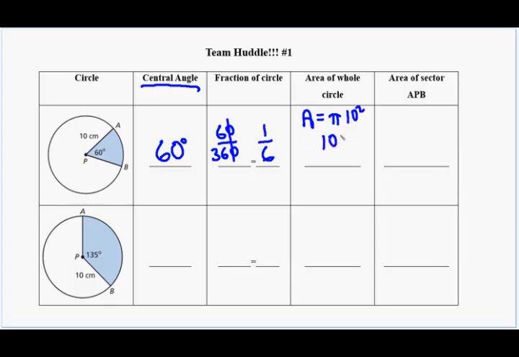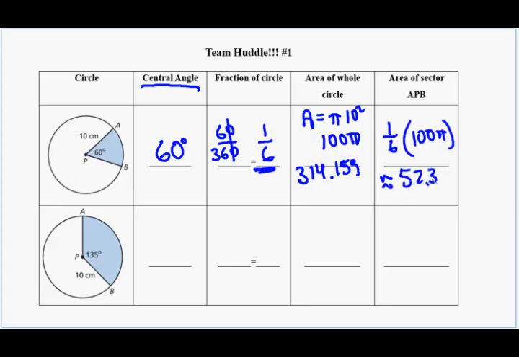That is 100 pi, or once again, 314.159. And now our sector, we're just going to take our fraction, 1/6, and multiply that by 100 pi. The decimal you found should have been about 52.3598 centimeters squared.